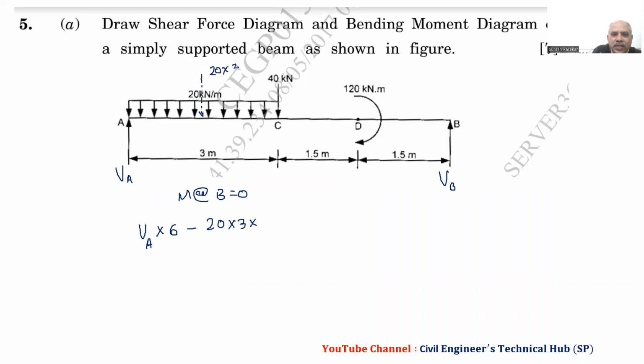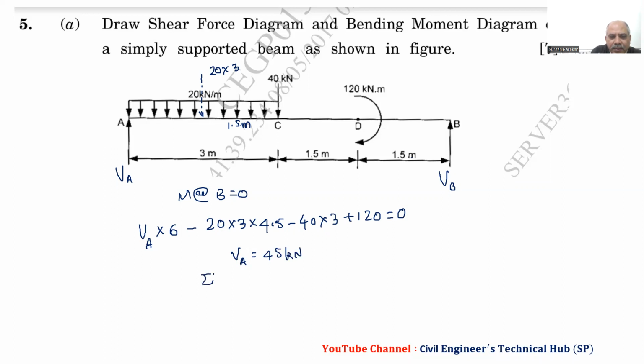This will be the force, and it will be 1.5 meter from C. So 1.5 plus 1.5 plus 1.5, so it will be 4.5, minus 40 into 3 plus 120, and that is equal to 0. By this, we are going to get the value of VA, that is equal to 45 kilonewtons.